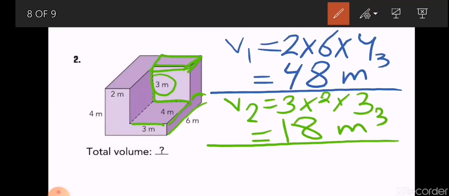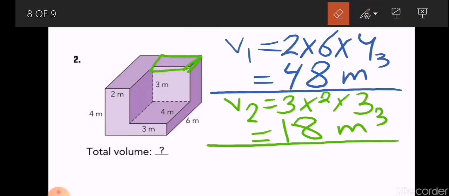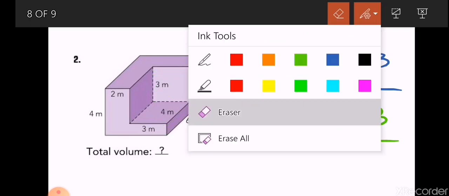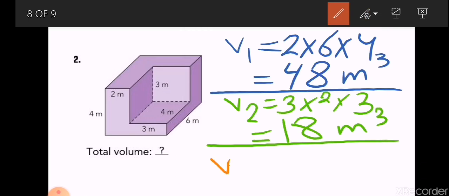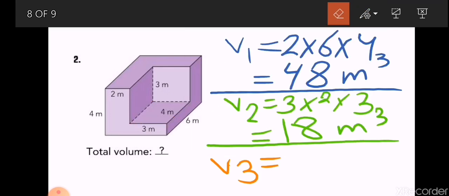Now let's go to volume 3, which is this stem part. Okay, let's see how we will do it.